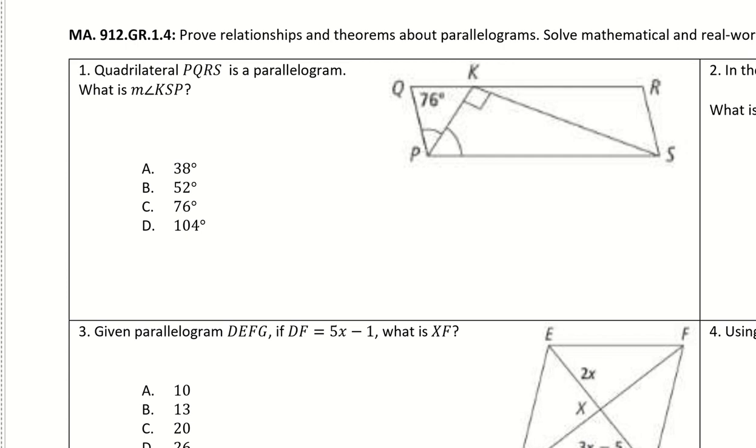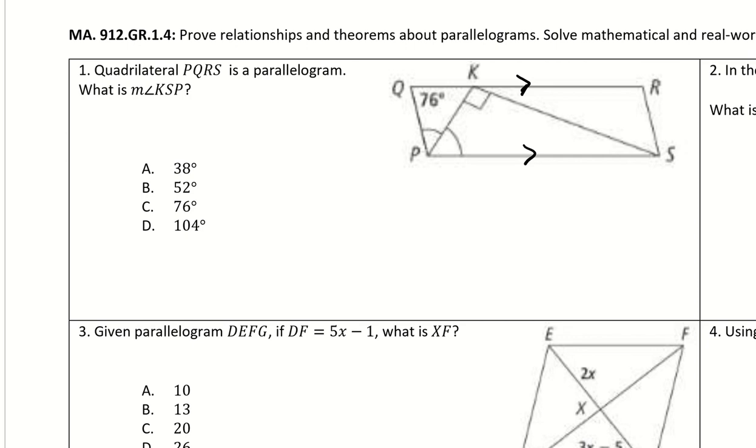So first off, if we look at this, since it is a parallelogram, that means that these two sides are parallel, and it also means that QP and RS are also parallel. However, we're just going to use those two. Because this is 76 degrees, right?